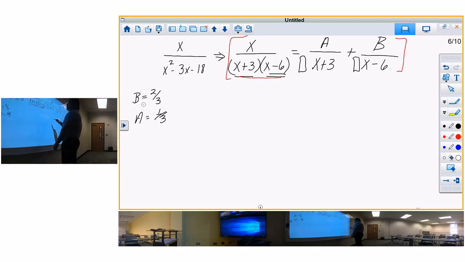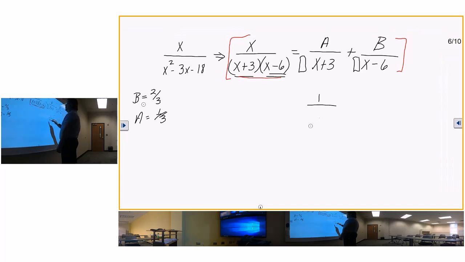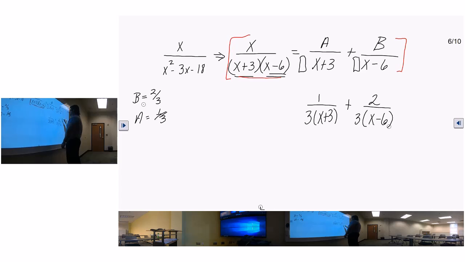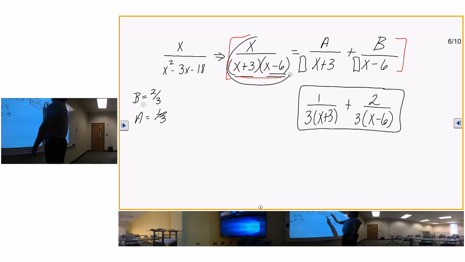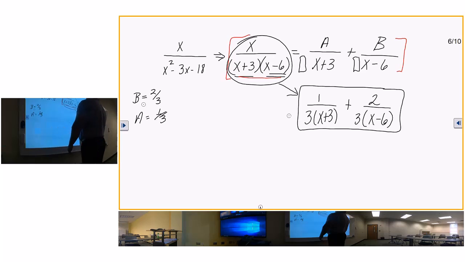So that's going to be 1/3 times x plus 3 plus 2/3 times x minus 6. And if you were to break this up, you would break it up into that right there.